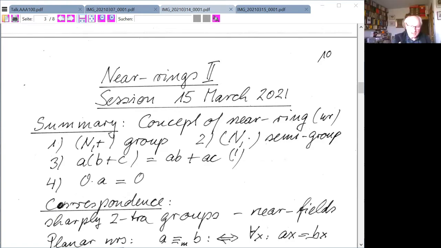The participants should see page 10. They do see it, but you don't see it. In the right upper corner, you should have something like view or Ansicht.